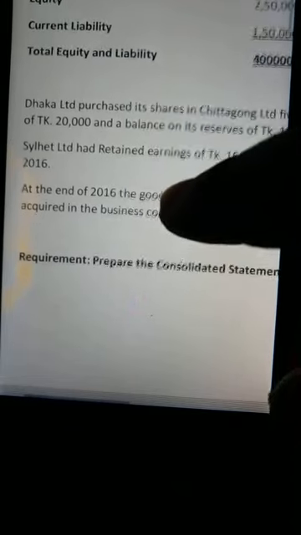Sylhet Limited had retained earnings of 16,000 when Dhaka Limited acquired its shares on 1st January 2016, and at the end of 2016 the goodwill impairment review revealed a loss of Taka 300 in relation to the goodwill acquired in the business combination with Sylhet Limited.